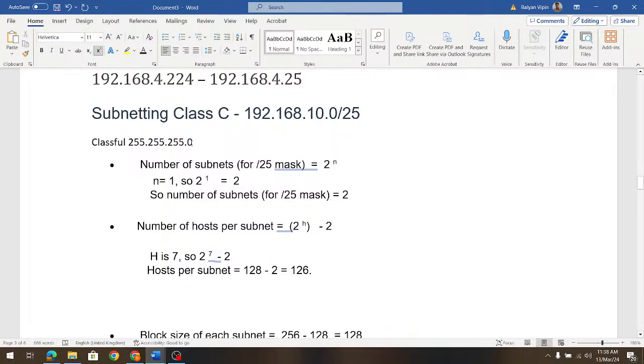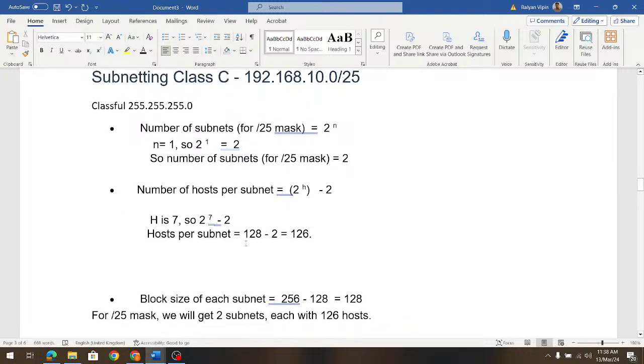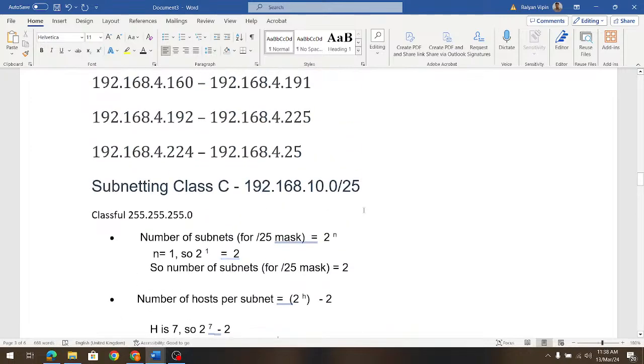So total bits are 8. 1 is used for network, so the remaining are 7. So 2 raised to the power 7 minus 2 is the hosts per subnet. So it's 128 minus 2, which is 126.